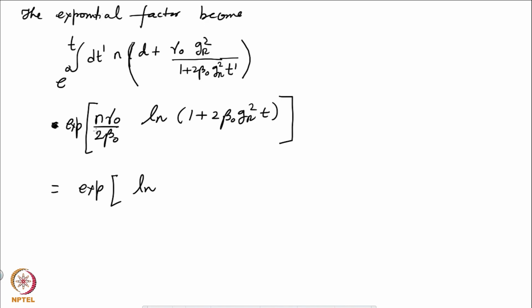Let me write it here. So this is equal to e to the n d t. So this one, n d times this integral just gives you t.